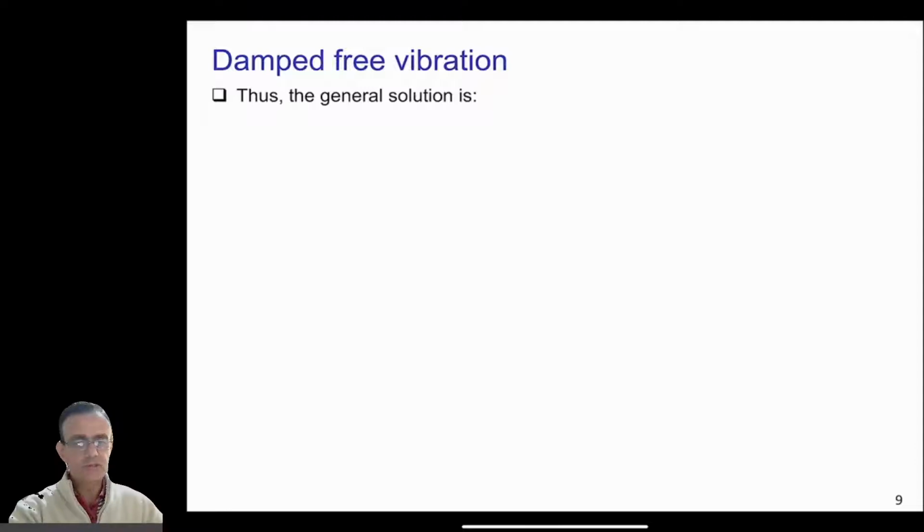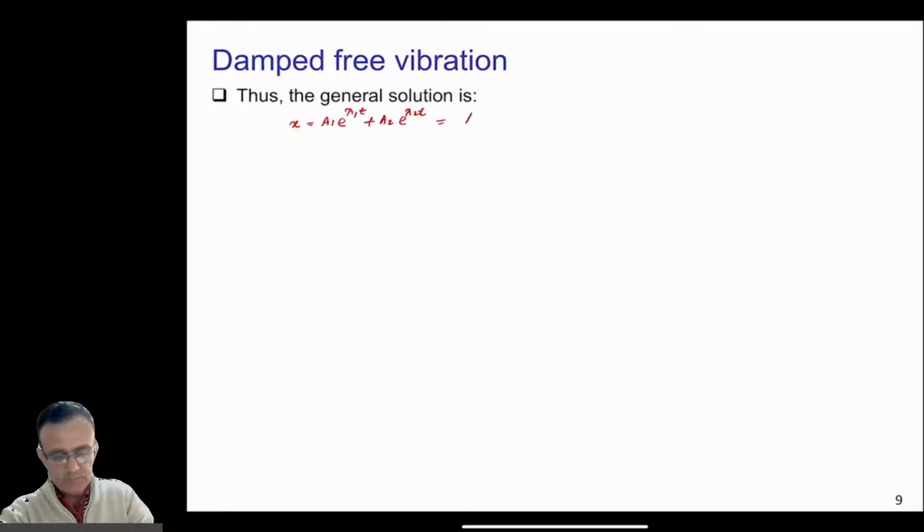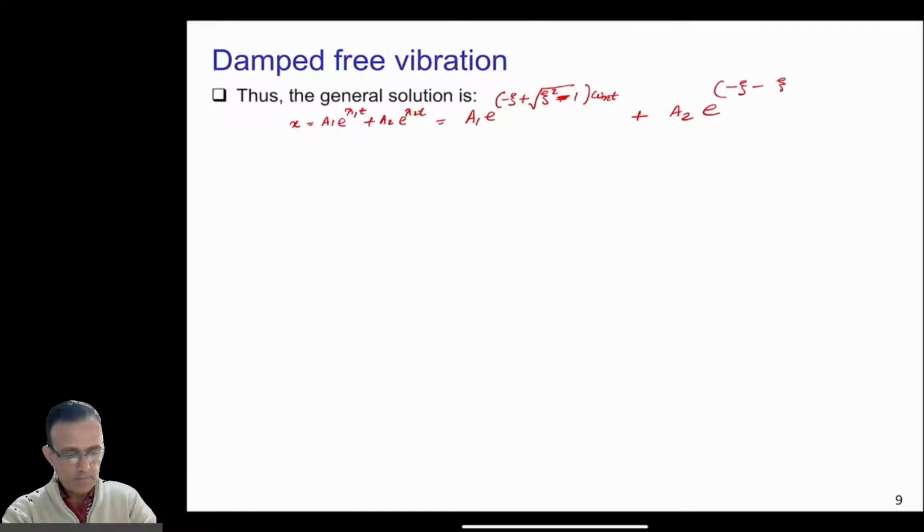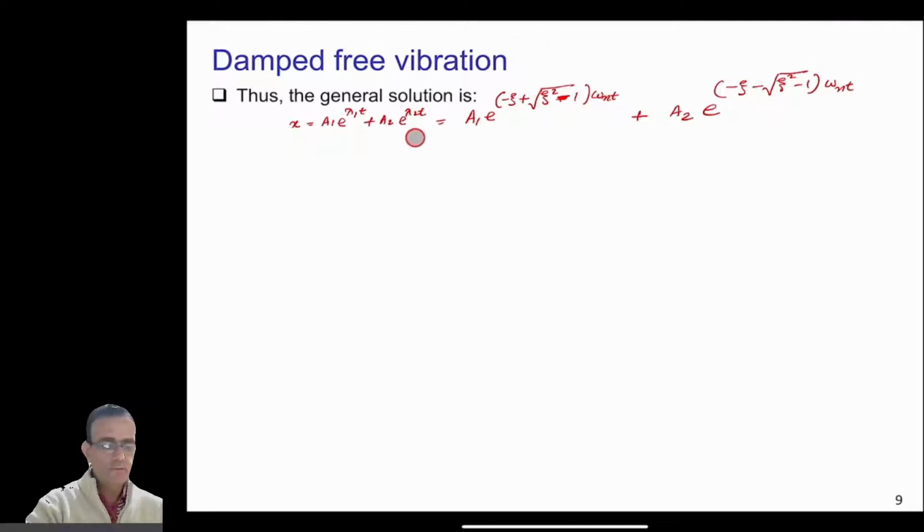If you again write the solution, x is equal to A1 e power lambda 1 t plus A2 e power lambda 2 t, and we have now this solution here.